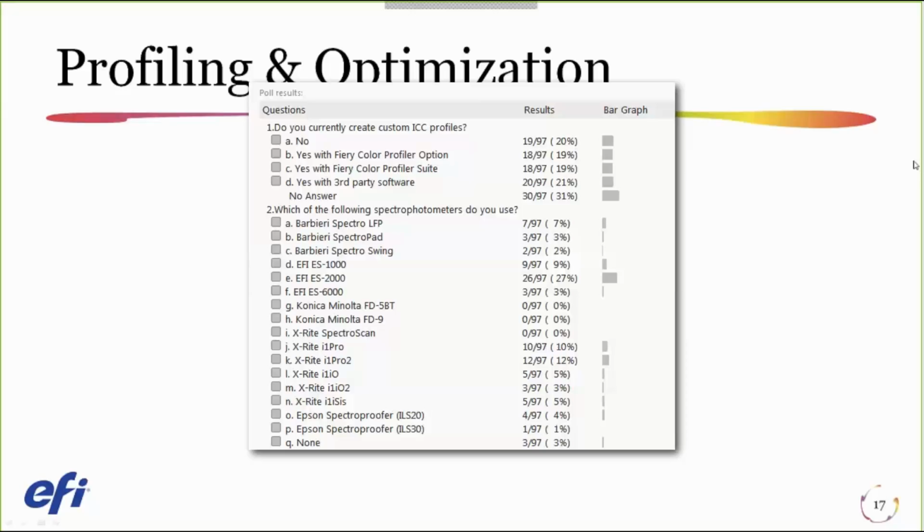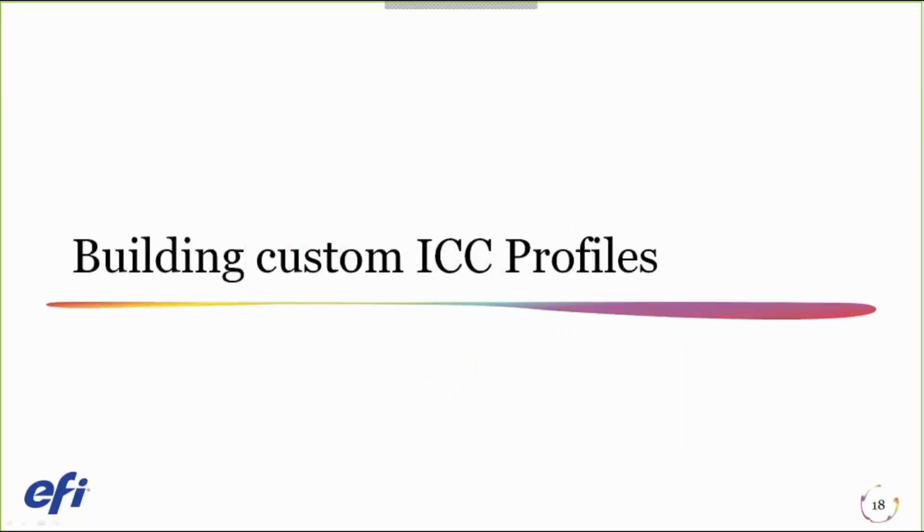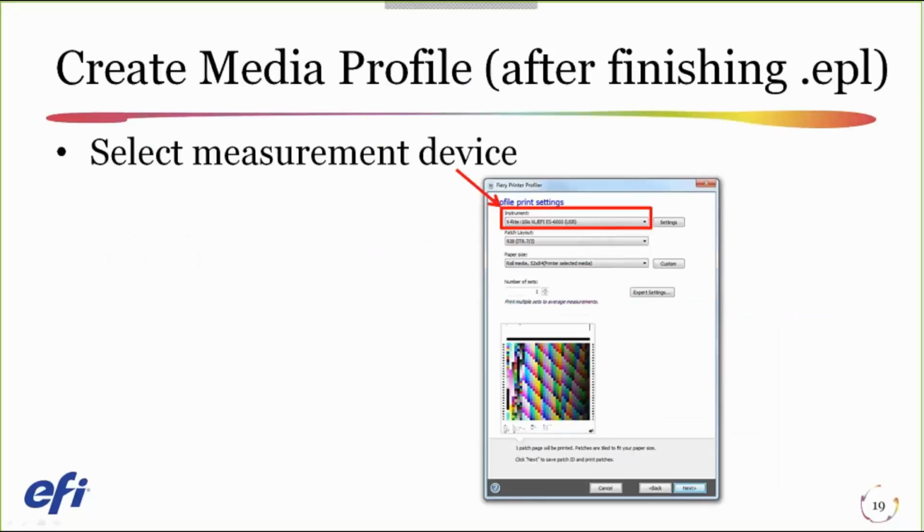So especially for the people that maybe are not or didn't want to answer, let's continue on and see how this is all done. How exactly do we build these custom ICC profiles? We're going to assume that we are continuing on directly after the steps that were covered in the last webinar on building calibration files, building the linearization, the .epl file.